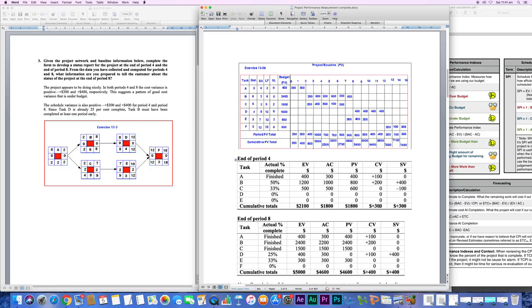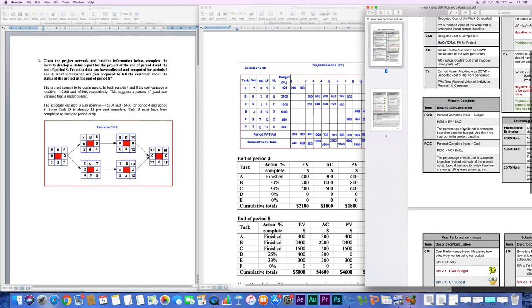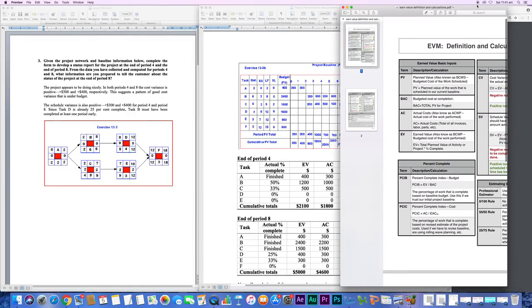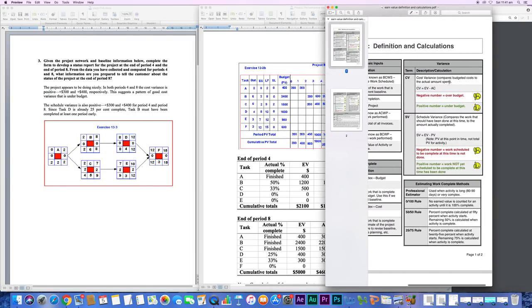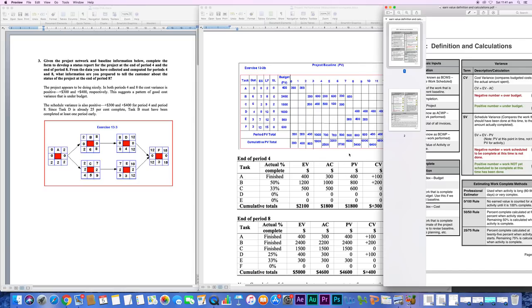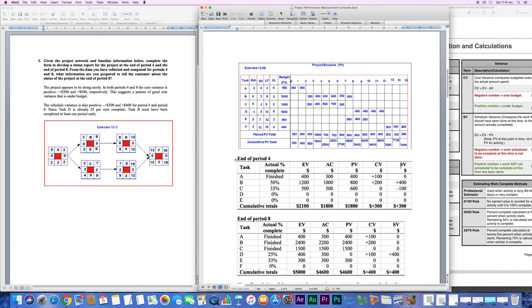What does that mean? We are going well. Let's go back to this cost variance. What does it say? If it's a positive number, we are under budget. So that is all good. Let's continue with the schedule variance. What's the schedule variance? That's the difference between earned value and planned value.